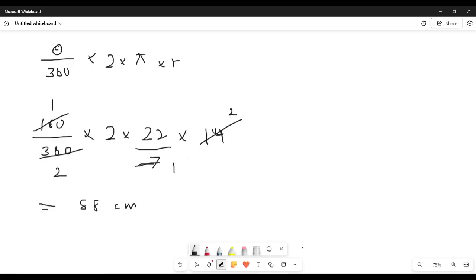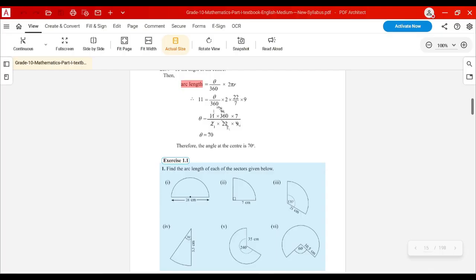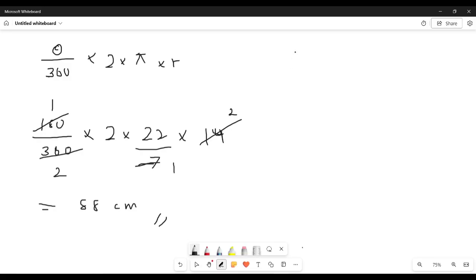That's your answer for question number 1, the first one. So first, I'll just write the answer here. For part i, it is how much? 88 centimeter. That's the arc length, right?